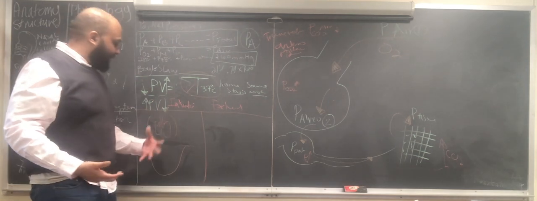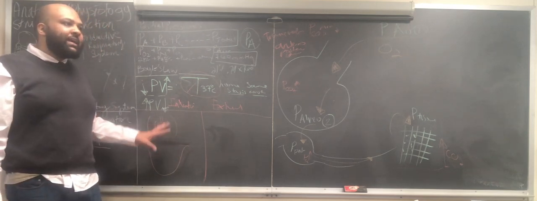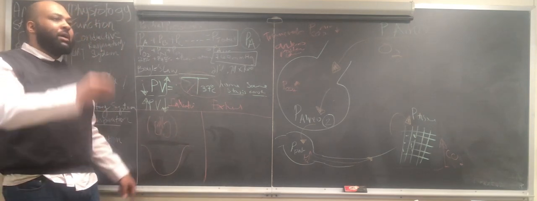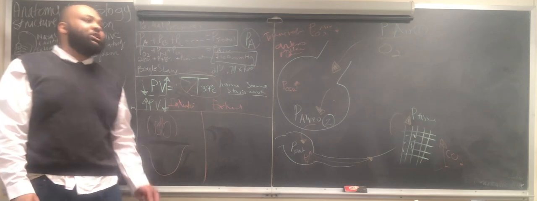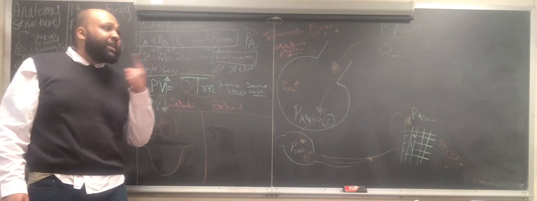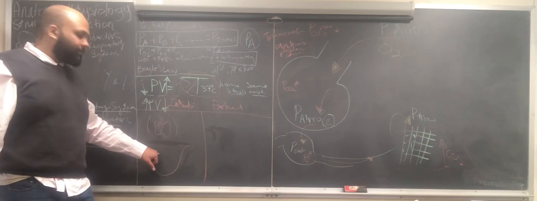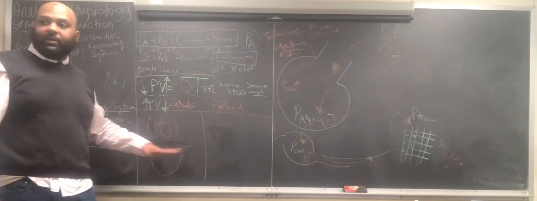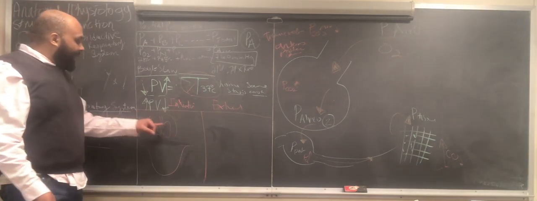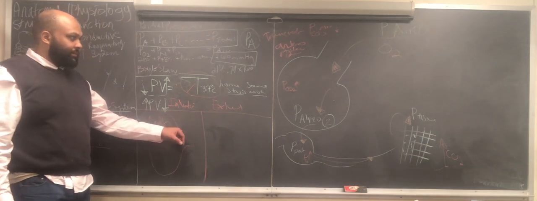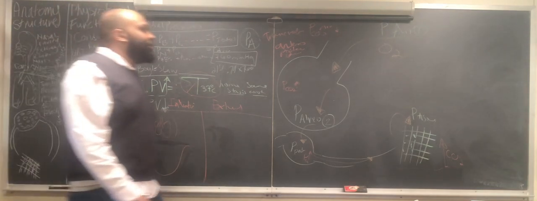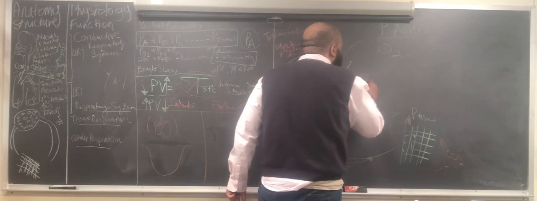So how do I do that? The bottom part will be taken care of with the diaphragm by receiving action potentials through which nerve? The phrenic nerve. The phrenic nerve is going to bring down your diaphragm, makes the volume bigger. And then the intercostal muscles.